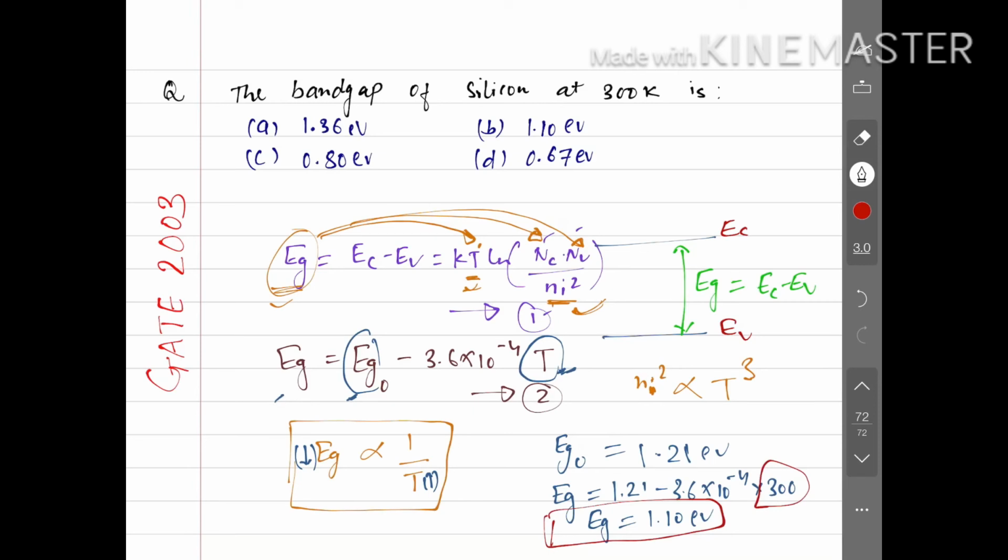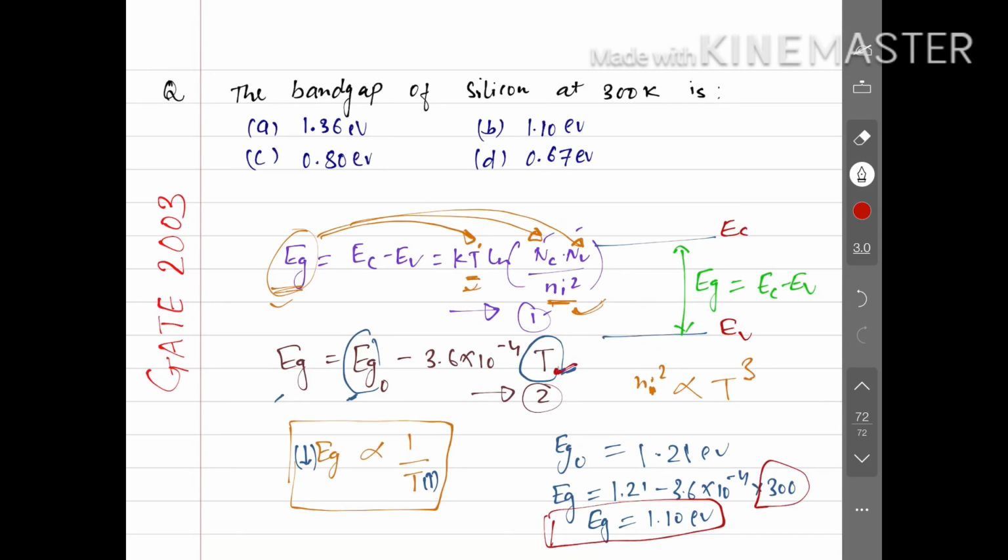From equation number 2 you can get the band gap at any temperature, not necessarily 300. Say a question asks for the band gap of silicon at 400 or 500 Kelvin. You just put the value of temperature over here and you get the band gap.